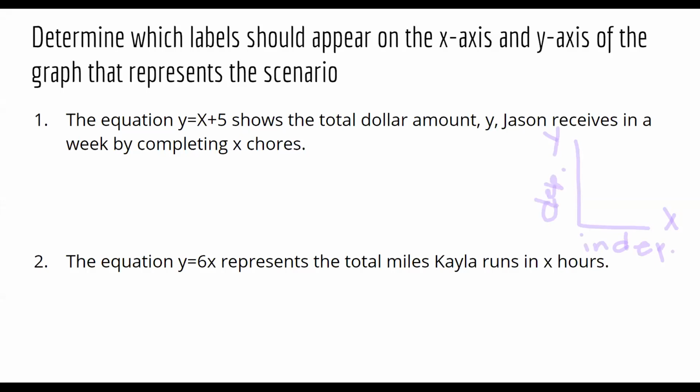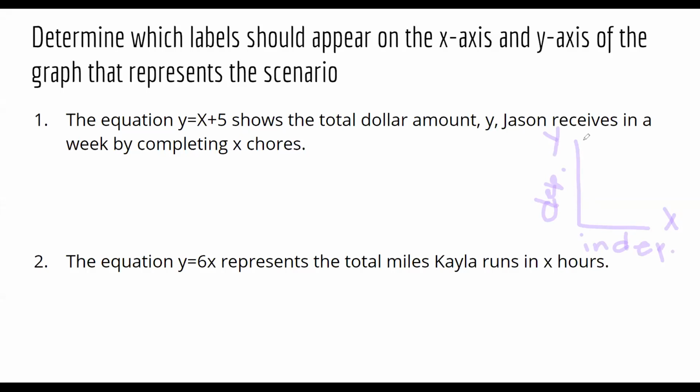So your independent is kind of what's changing along the bottom. When we just did hours, your hours worked affected how much money you made in the end. So it's independent across and then dependent up top. If that helps you at all, in these examples, it kind of tells you what y and x is.